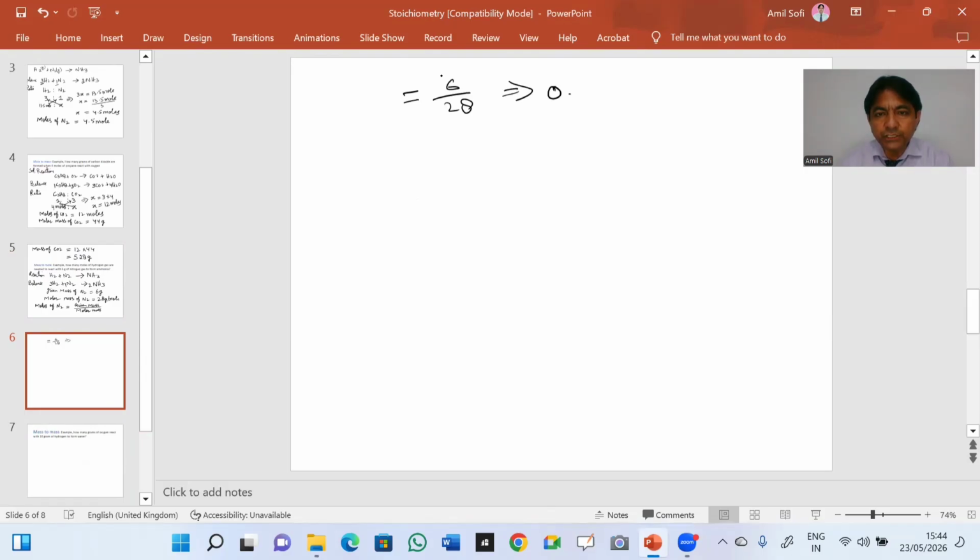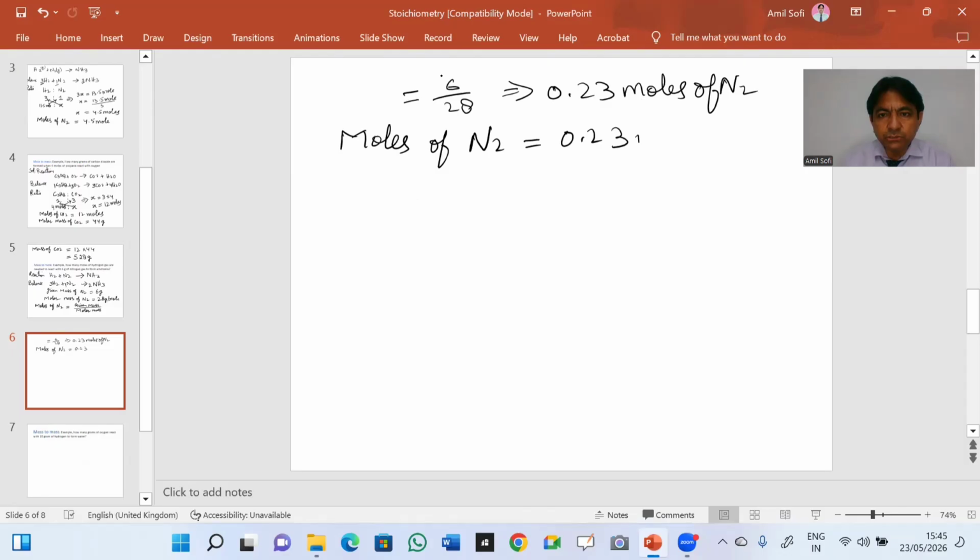That would be 0.23 moles of N2. So moles of N2 gas, nitrogen gas, would be 0.23 moles. Okay, now we have moles of nitrogen.